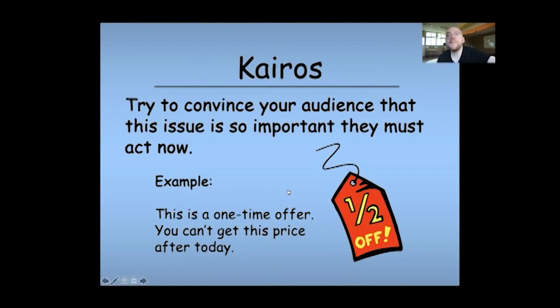This is a one-time offer, half price, right? On sale item, right? 50% off, right? Buy now. This is a one-time offer. You can't get this price after today, right? So people will try to convince you that this issue is so important that they must act now, right?